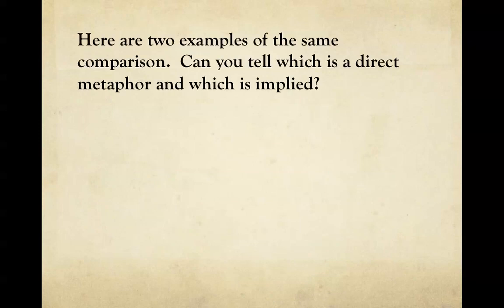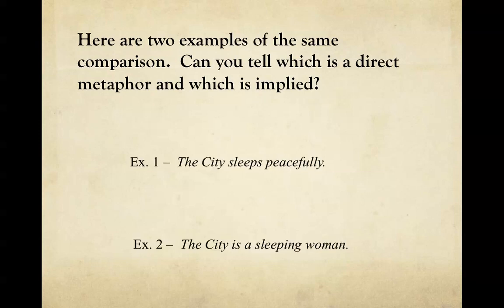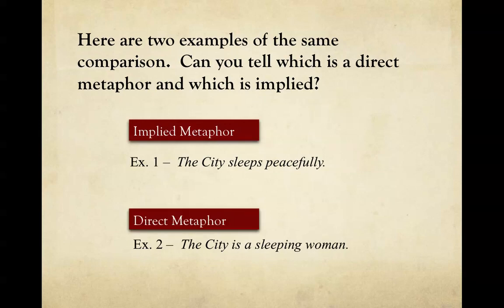Here are two examples of the same comparison. Can you tell which is a direct metaphor and which is implied? Okay, the city sleeps peacefully. The city is a sleeping woman. Well, if you said that the city sleeps peacefully is the implied metaphor, you are correct, because the city is a sleeping woman. That is the direct metaphor. And you can see in this example that the city sleeps peacefully suggests that it's being compared with something that also sleeps.